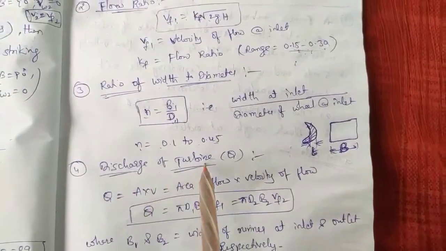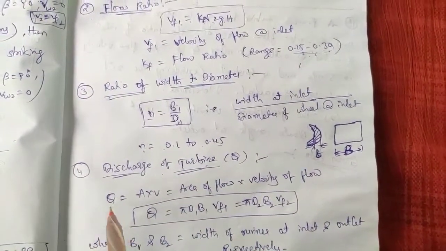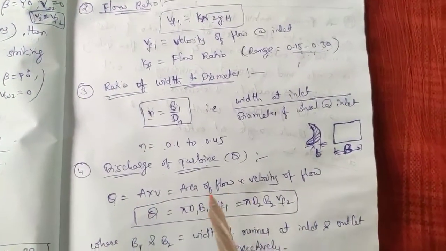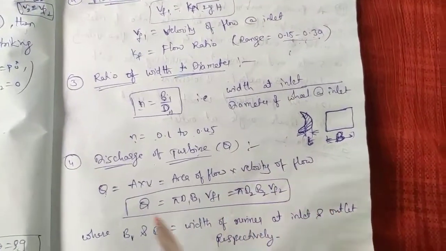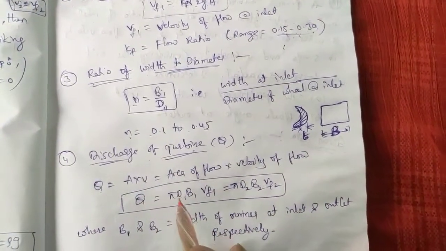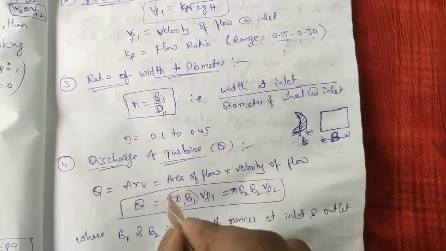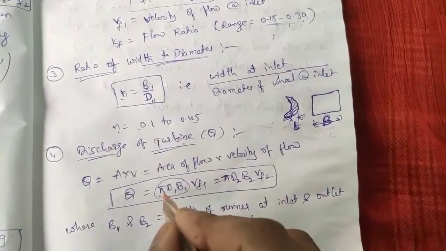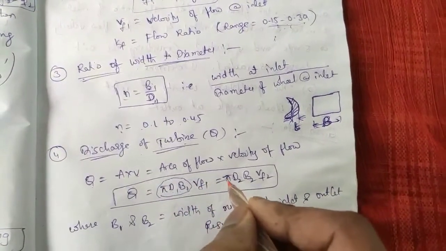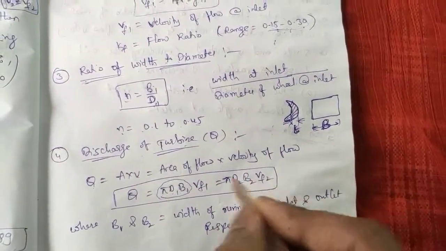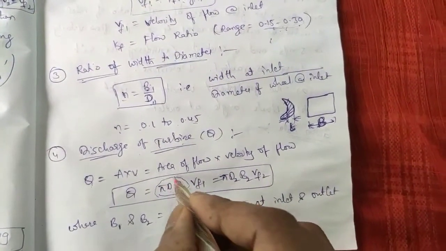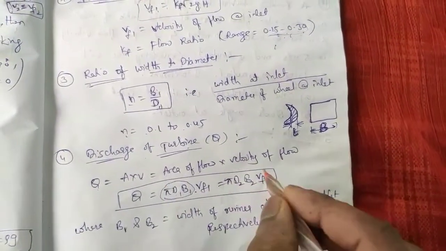Next, discharge of turbine, Q. As you know, Q equal to AV, area of flow into velocity of flow. So here area of flow means pi d1 b1 VF1 equal to pi d2 b2 VF2. That means discharge at inlet and discharge at outlet are both the same.